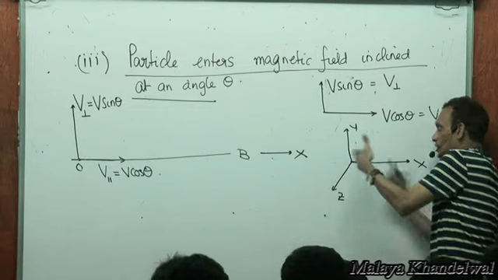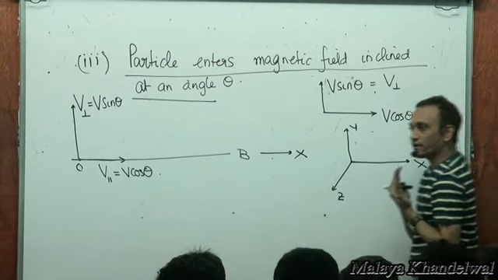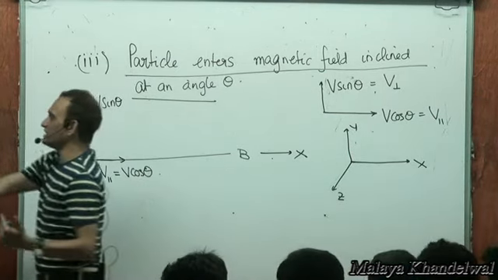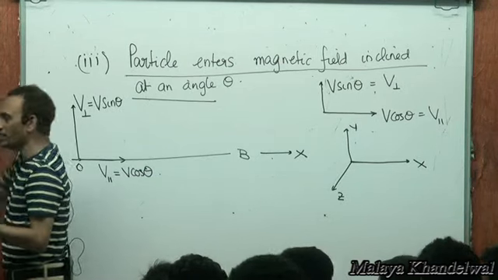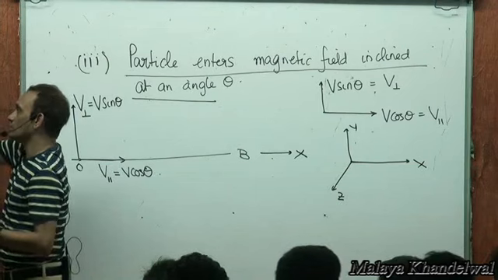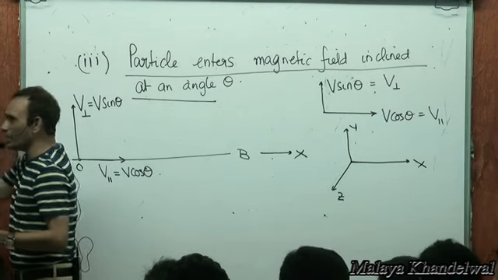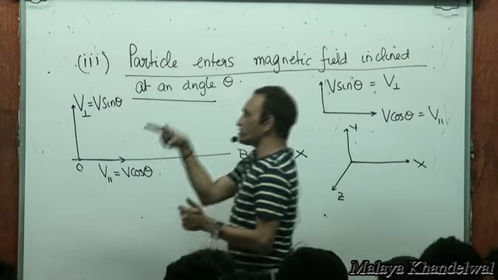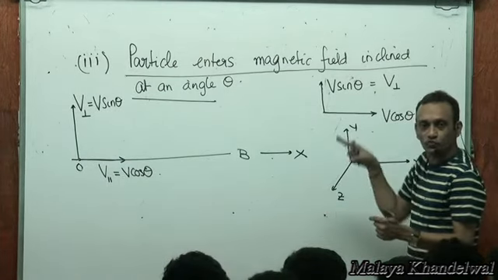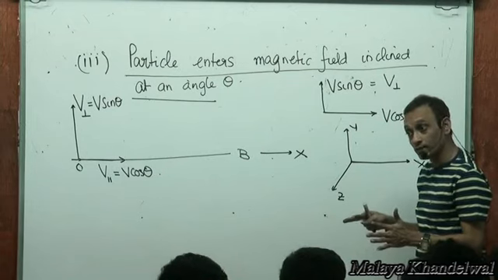V cos theta will cause that circle to move in this direction. V sin theta and B will cause circular motion like this. This is the direction of B and this is v sin theta. So there would be a circular trajectory like this, and this circle would advance in this direction because of v cos theta. That is what is going to happen.